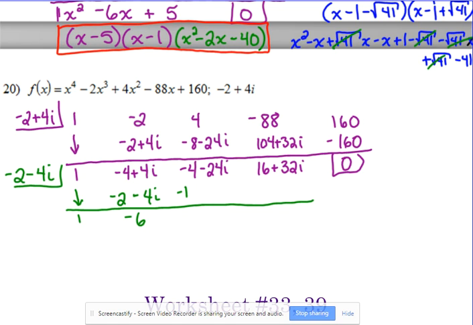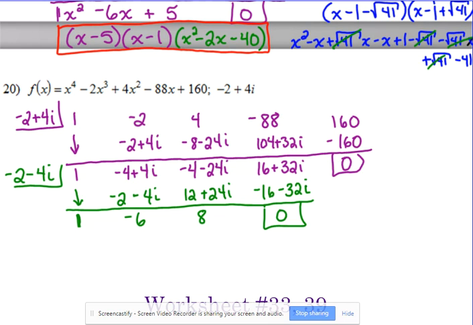No, positive 12. Thinking about too many things at one time. Negative 6 times negative 2 minus 4i is positive 12 plus 24i. The i's cancel. Negative 4 plus 12 is 8. 8 times negative 2 is negative 16. 8 times negative 4 is negative 32. That gives us 0.